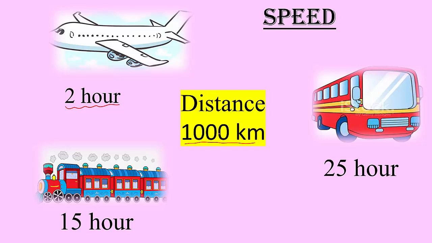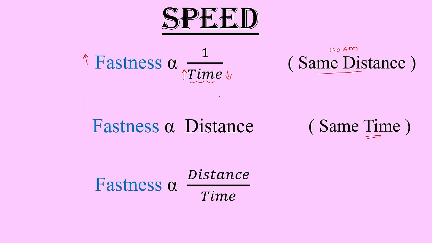Distance is constant. So that's why fastness or slowness of that transportation is directly proportional to distance but inversely proportional to time. If you are moving very fast, does that 1000 km distance change? No, it is constant for the same time. So fastness is directly proportional to distance, but it is inversely proportional to time.